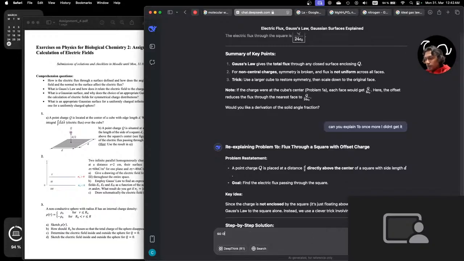So, if I understand the question, the point charge is now at the center of one of the surfaces of the square.